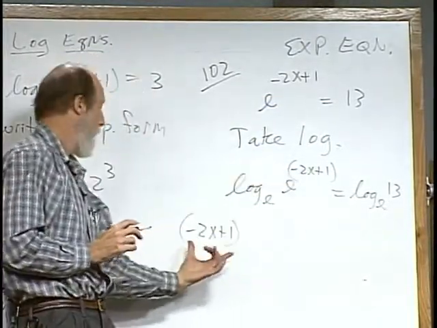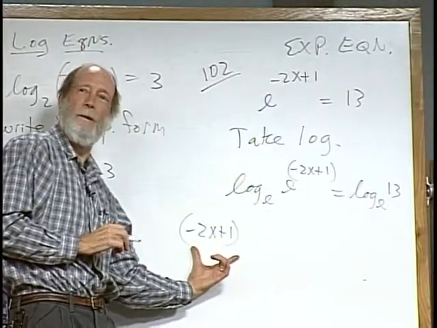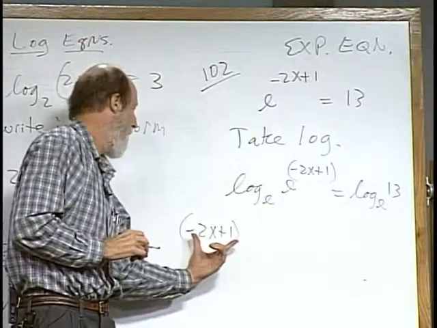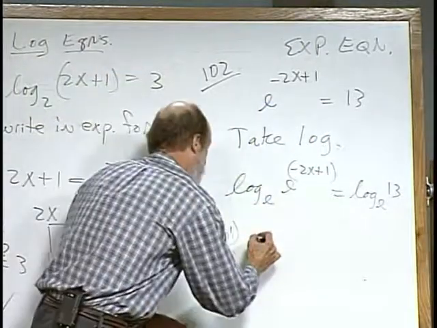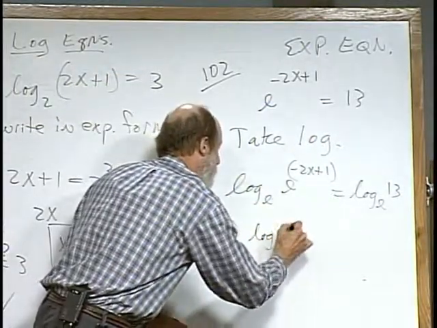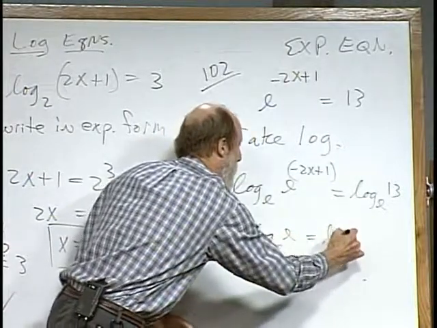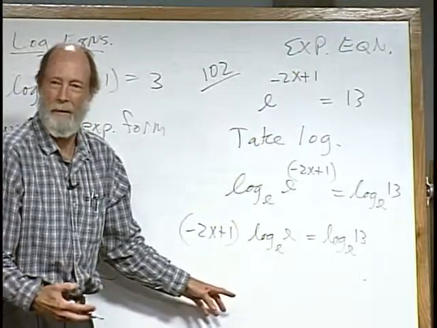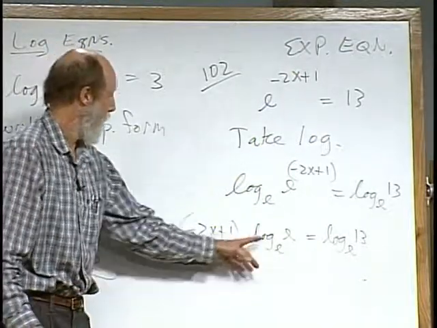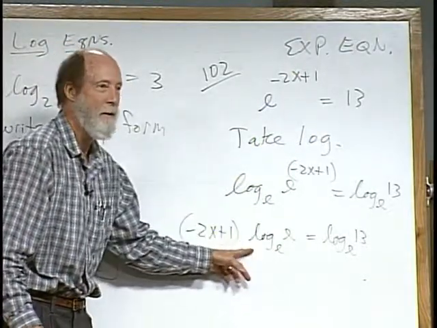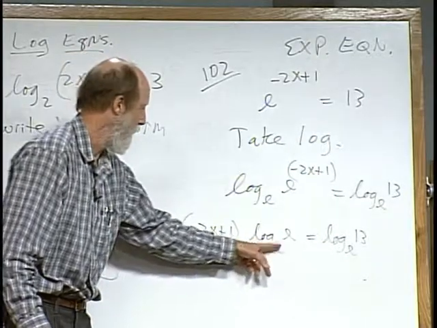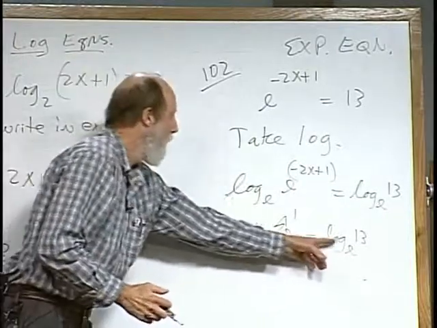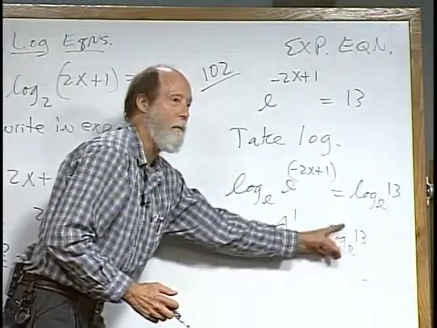Notice these parentheses. That comes out in front, and we have log base e of e equals the log base e of 13. What's log base e of e? What's the exponent of e that gives you e? Answer, 1.